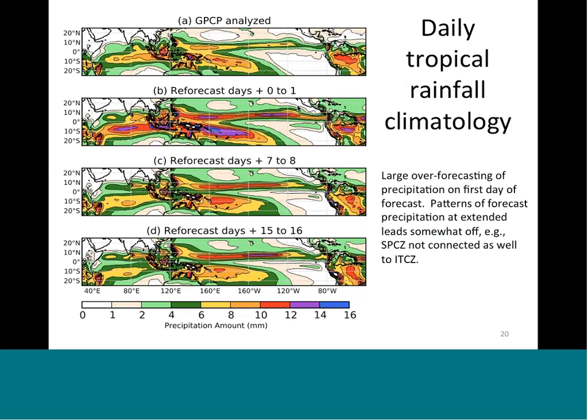This is just a slide that I threw in from recent work that I did trying to demonstrate characteristics of the MJO, or Madden-Julian oscillation, which is a phenomenon that is responsible for a lot of tropical precipitation variability. And while I was doing that, I was interested in what are the biases in precipitation in this data set.